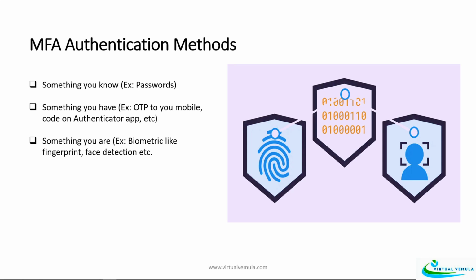And the third authentication method is something you are, which could be your fingerprint detection or face detection. All these fall under the biometric section, isn't it? So you can use a combination of these. Azure allows you to use the first two methods, which is something that you know and something that you have.